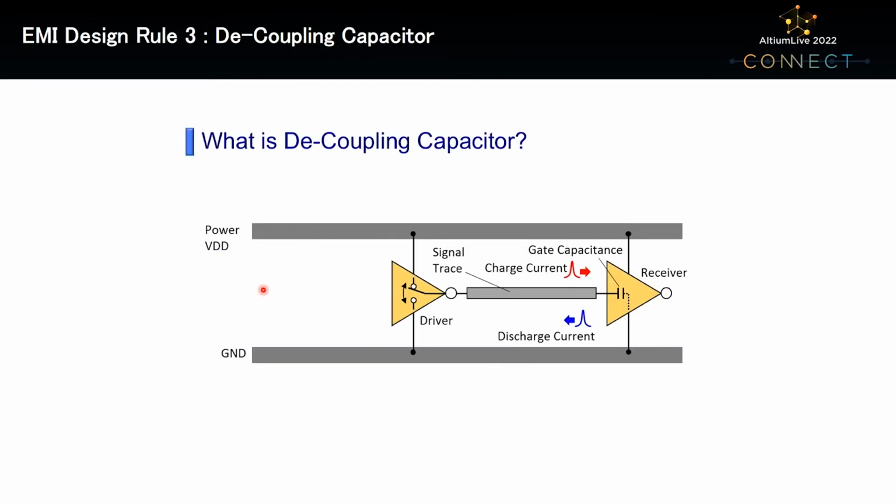A capacitor is placed to suppress noise source between power and ground, which is called decoupling capacitor. Charge-discharge current and feed-through current from IC, and by adding capacitors, you can separate the noise from the main power and prevent noise from flowing out to the main power plane.